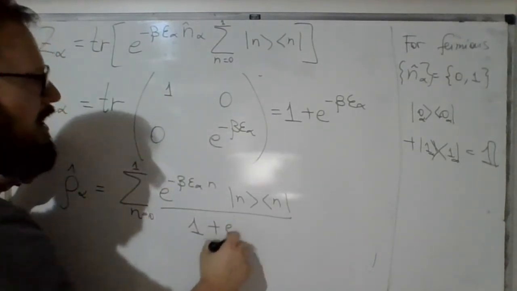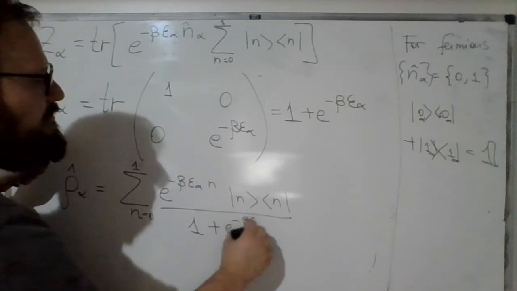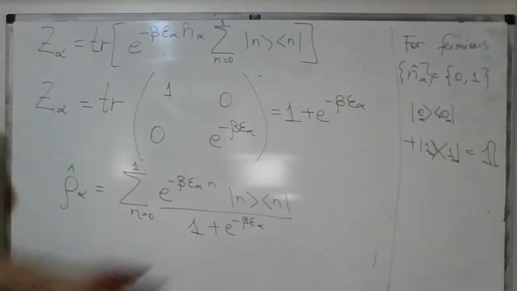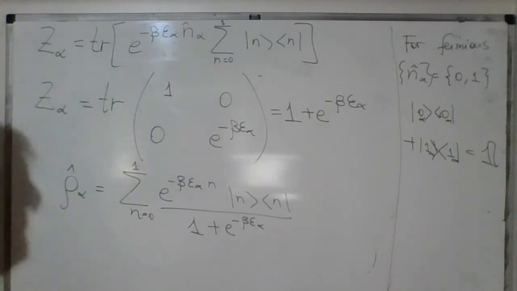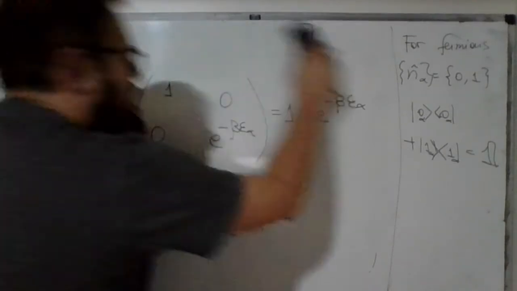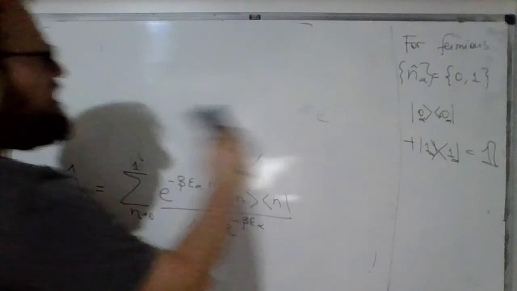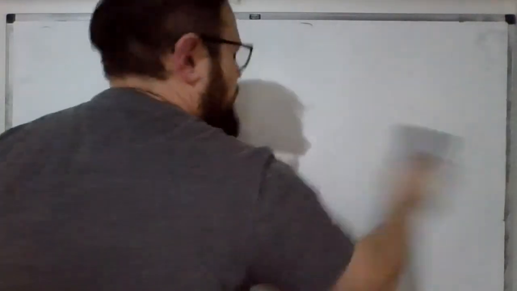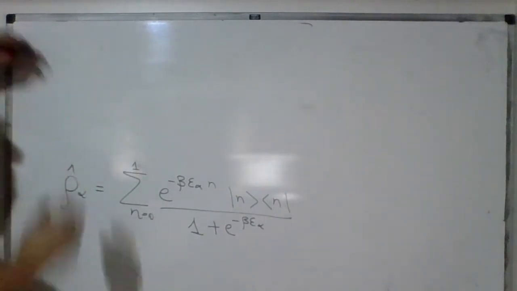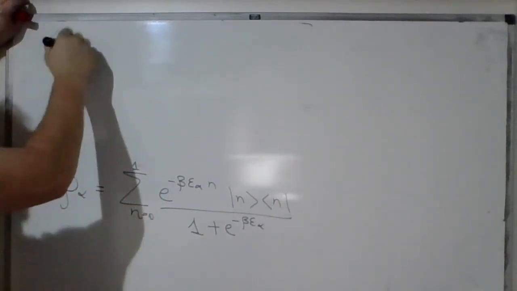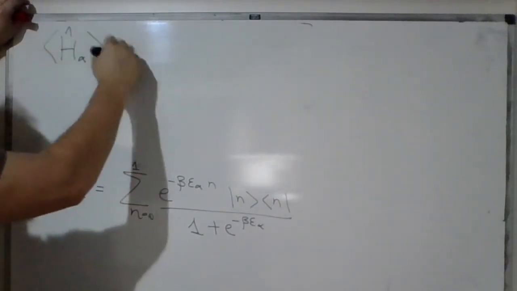So 1 plus e to the minus beta E alpha. This is just what we have here. Now the same ideas apply for the given alpha state.